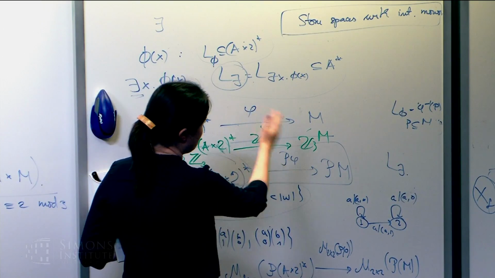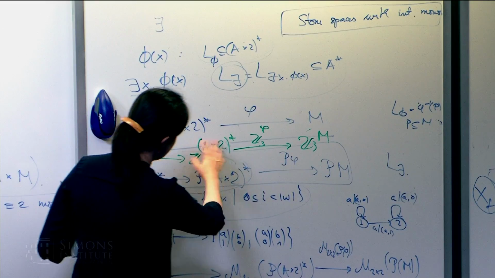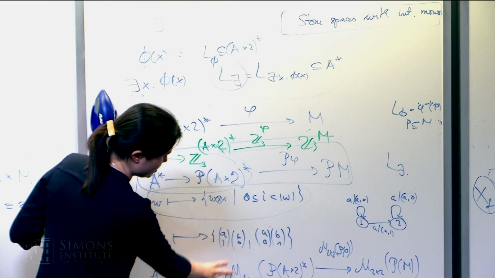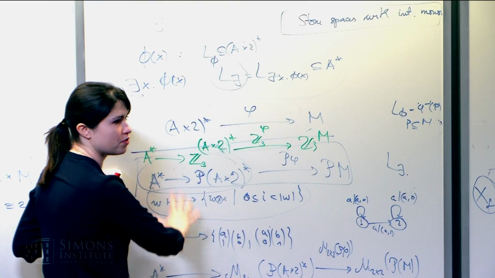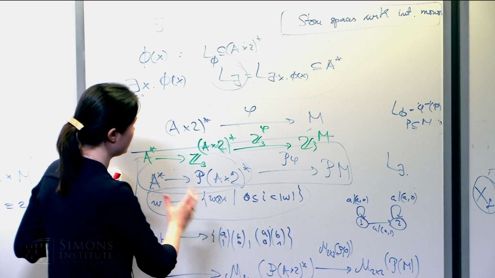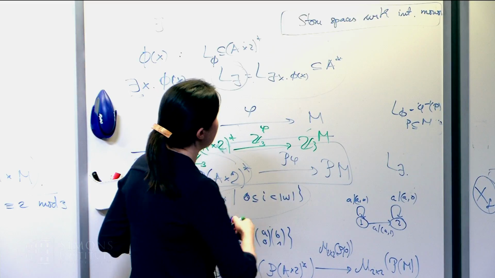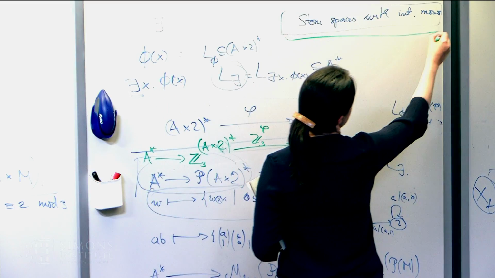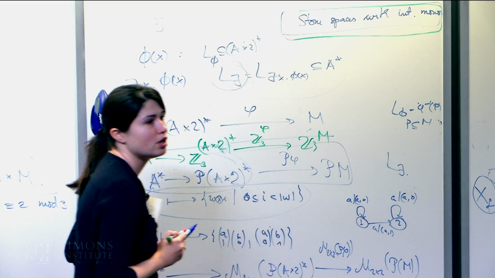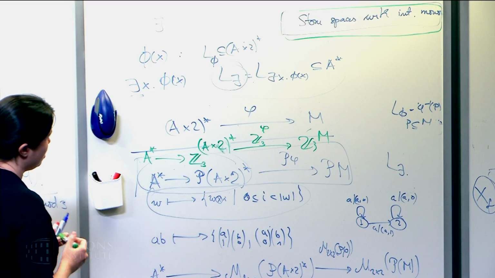So the picture seems to work fine for monoids. Again, this transaction can be represented as a matrix, and I get a monoid morphism. This part generalizes nicely. But what do I do if I want to go beyond the regular case, if I want to lift these operations to stone spaces with internal monoids?